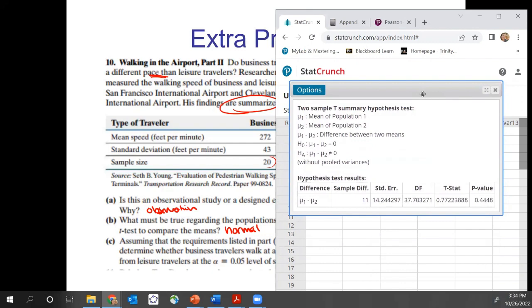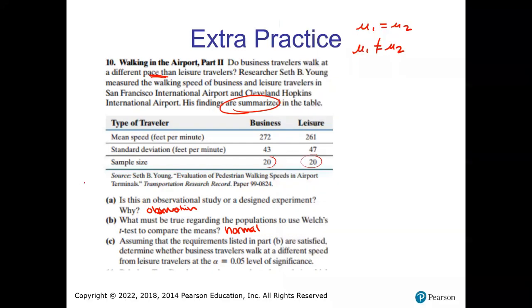My p-value, 0.4448, compared to alpha 0.05. That is clearly bigger. So we are not going to reject the null.